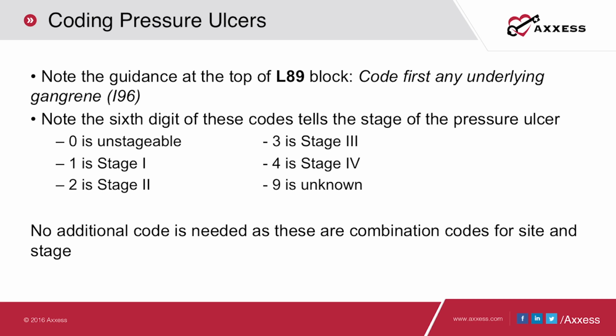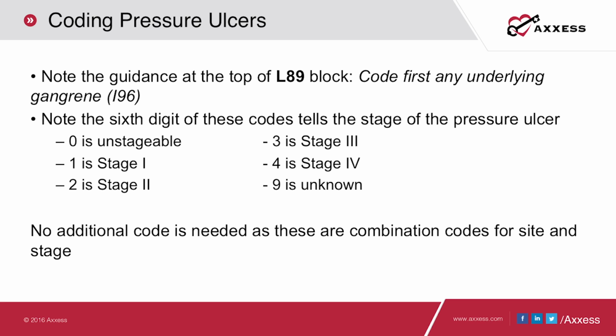Now I want you to also notice at L89, the 6th digit of these codes, or the 6th character, tells the stage of the pressure ulcer. For example, 0 is unstageable, 1 is stage 1, 2 is stage 2, 3 is stage 3, 4 is stage 4, and 9 is unknown.